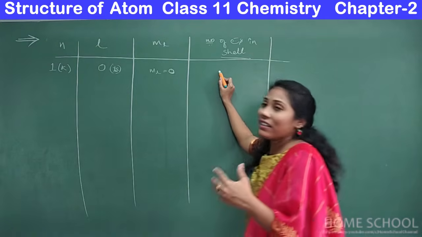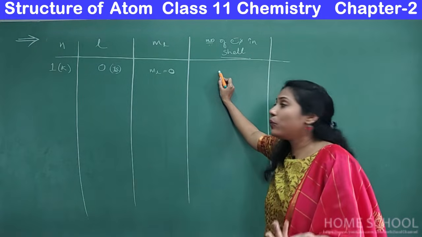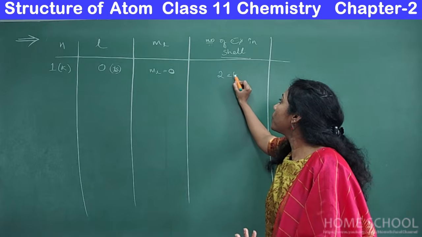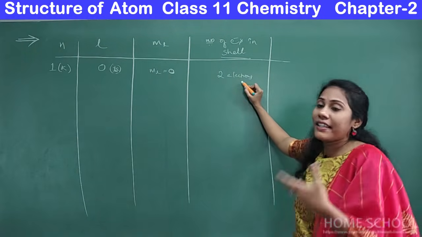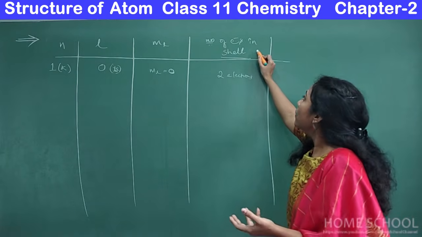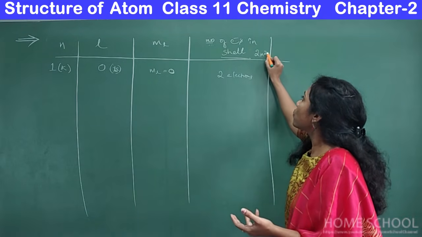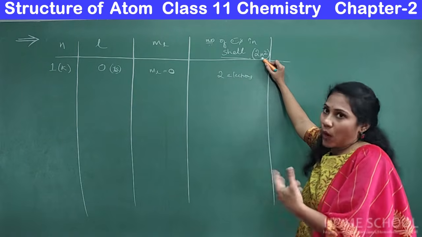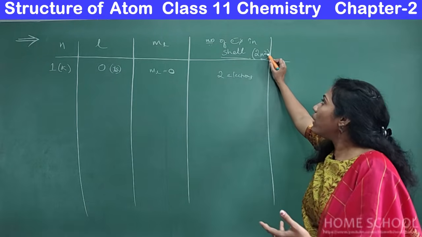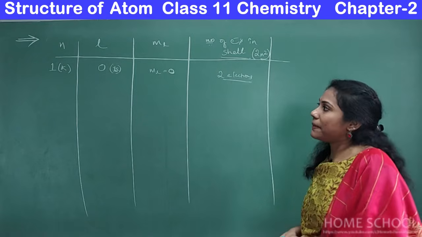Each orbital can accommodate only 2 electrons. So only 2 electrons are possible. And there is a short trick to find the number of electrons. The trick is 2n square. So you just have to do 2 into 1 square, which is 1, so 2 into 1 is 2. So 2 electrons are present.